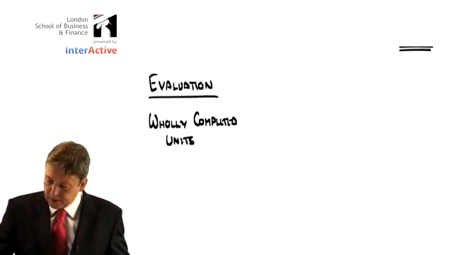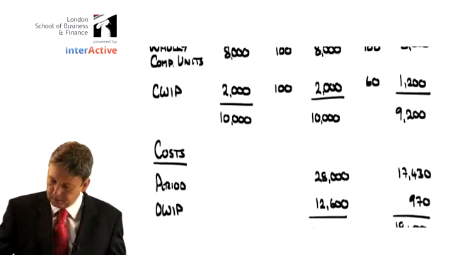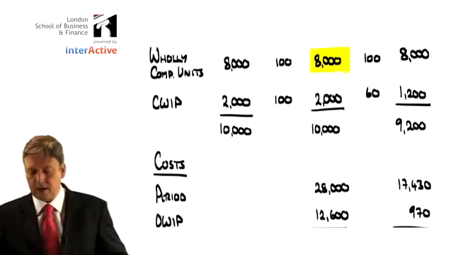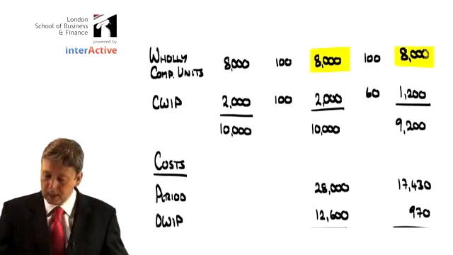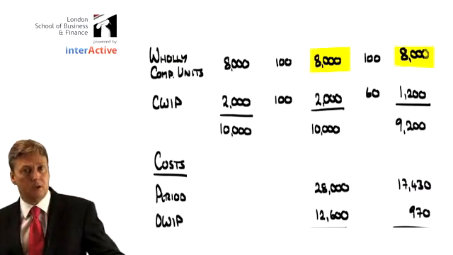Well, if you think about it, we know from up top that the wholly completed units have 8,000 equivalent units of material and 8,000 equivalent units of conversion costs.